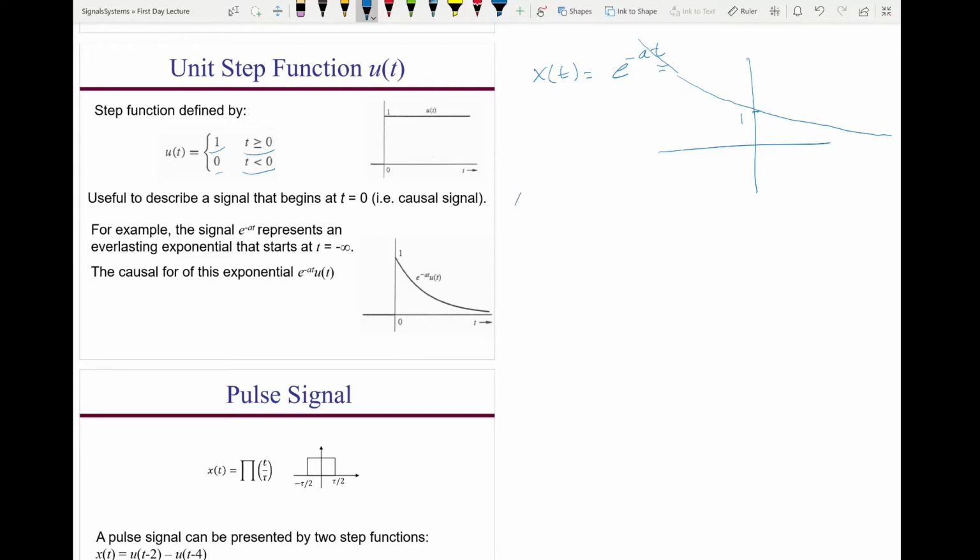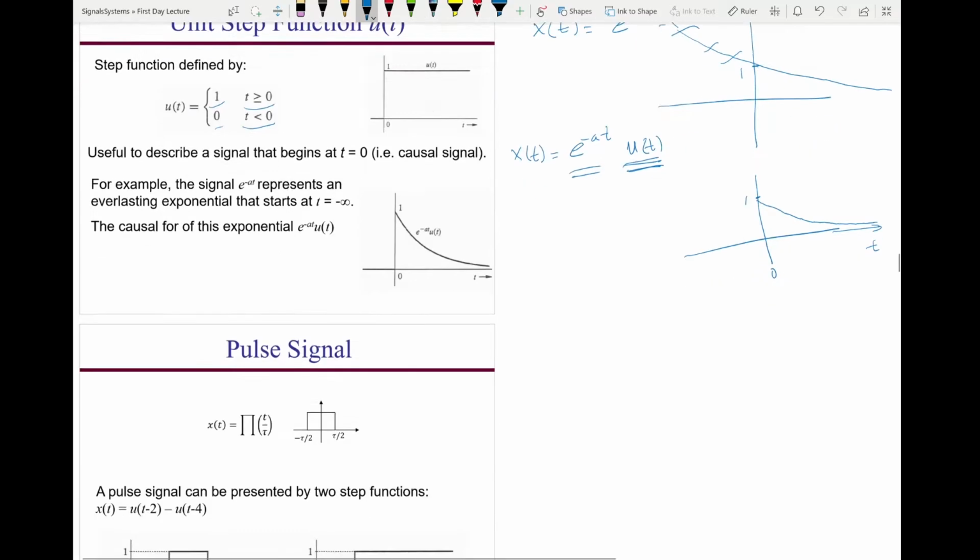But if I tell you x of t equals e to the minus a t times u of t, that's the unit step. That means this signal only exists from 0 to infinity. Now if you plot it, this part doesn't exist. So it starts from t equals 0, which is 1, and just keeps going until t equals infinity. And that's one use of u of t, to determine when the signal exists.